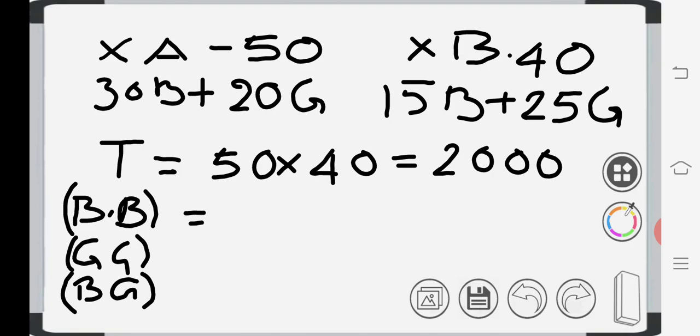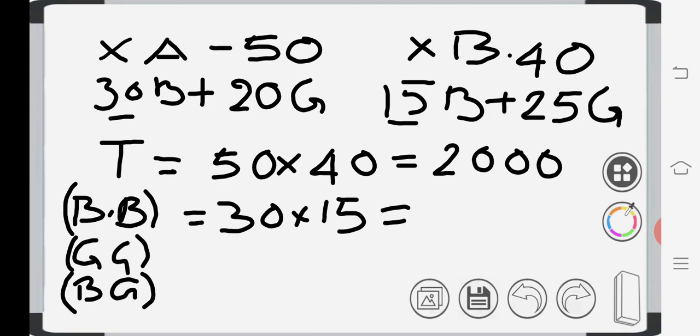Number of pairs of both being boys can be calculated by multiplying the number of boys in 10A and number of boys in 10B. That is 30 into 15, which is equal to 450.